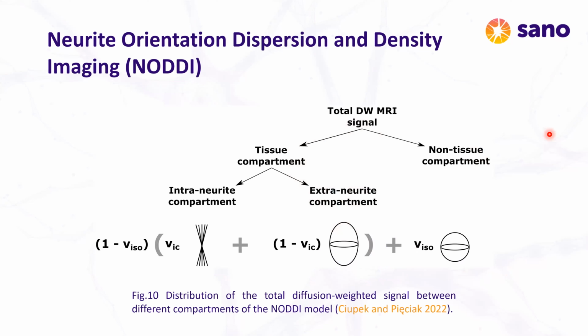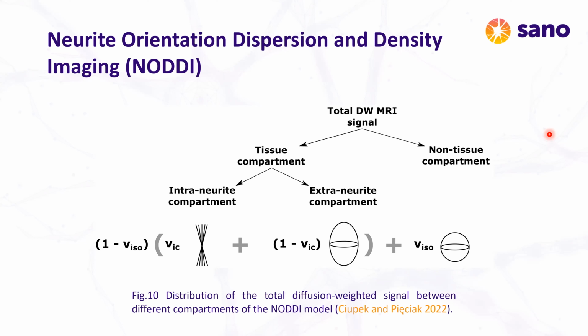NODDI adopts a tissue model that distinguishes three types of microstructural environment: non-tissue compartment, also called an isotropic compartment or cerebrospinal fluid compartment, intraneurite or intracellular compartment, and extraneurite or extracellular compartment.